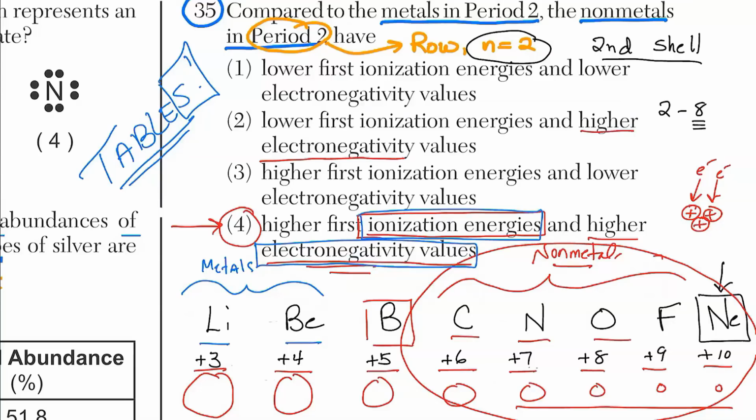But understanding what I just did will help you navigate similar problems better. So 35 is choice 4, right off Table S, but you had to know the non-metals were on the right-hand side of that table, and the metals were on the left-hand side.